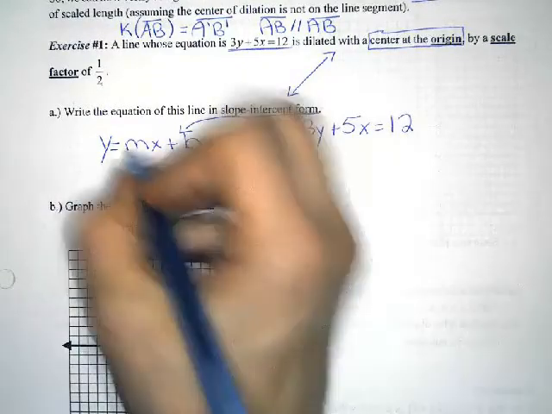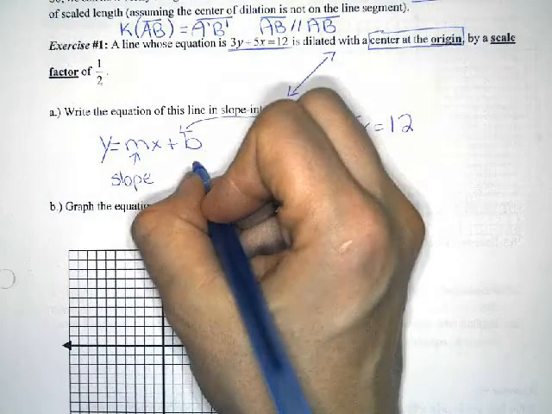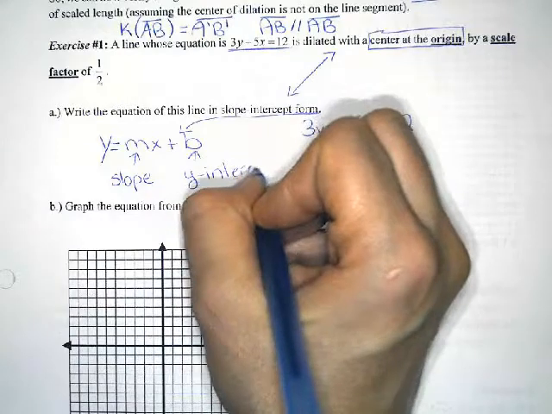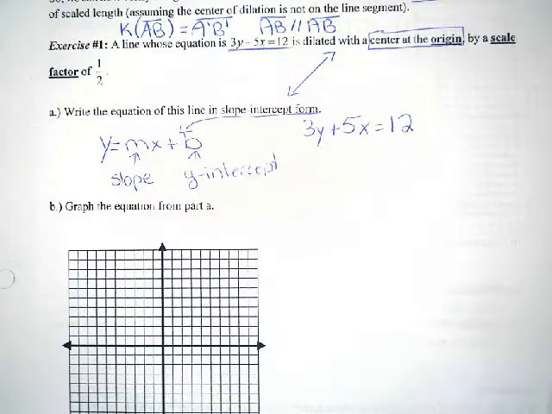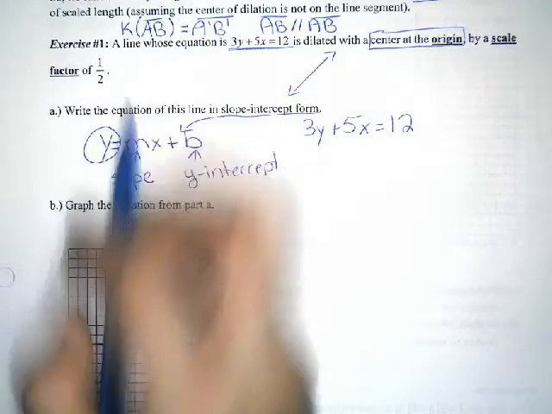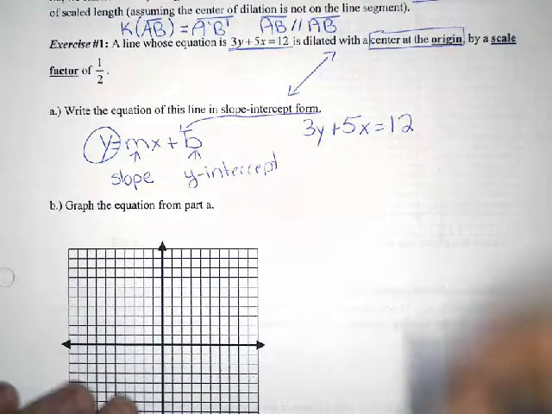And they call it that because the m stands for slope and the b stands for y-intercept. So essentially when they say slope-intercept form, they're talking about getting y by itself. So I'm going to do just that.